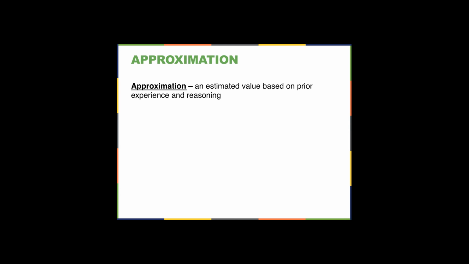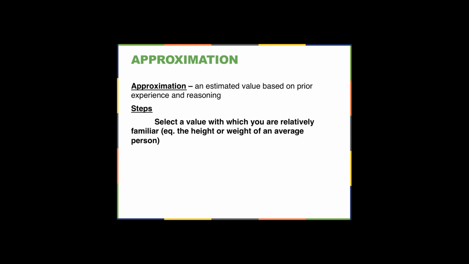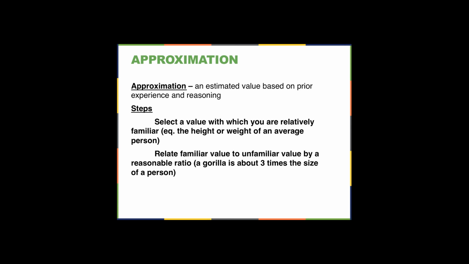Approximation is an estimated value based on prior experience and reasoning. Let me give you an example. First of all, you select a value with which you're relatively familiar, like an average person's height or weight. Then you relate that value to something unfamiliar with a reasonable ratio.